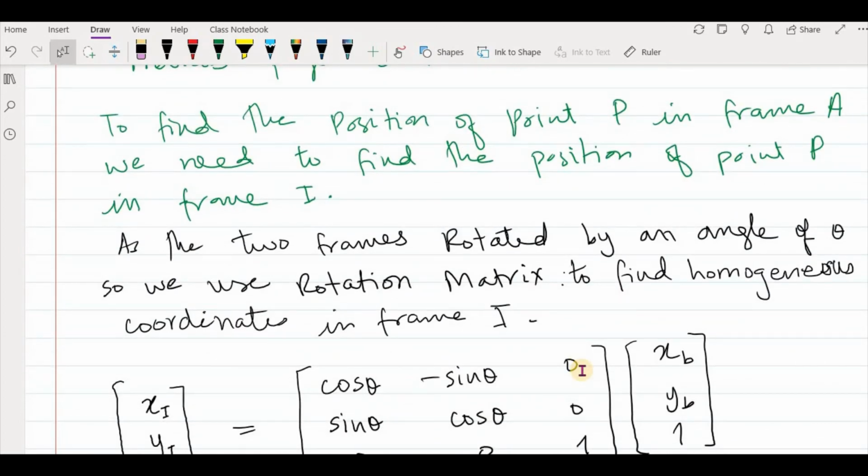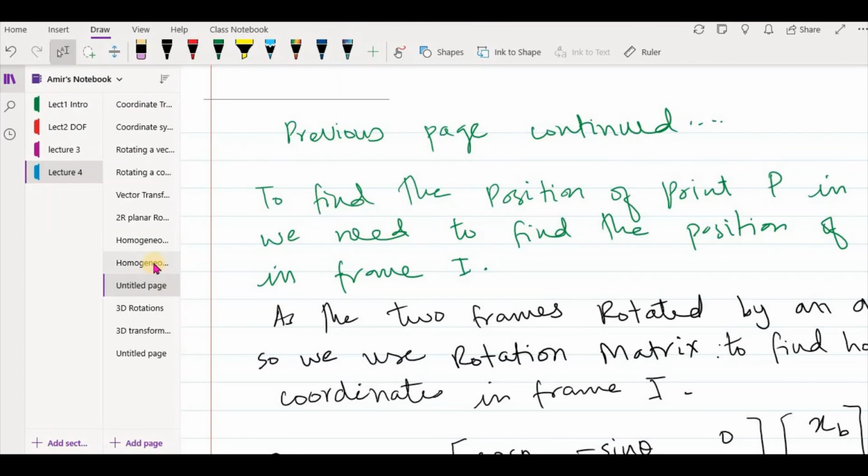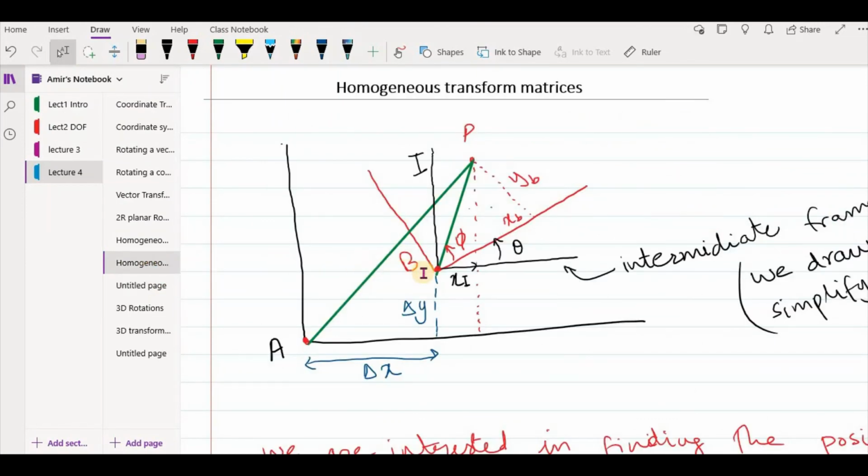We knew the coordinates of point P in your B frame, and we wanted them in frame A. You just multiply with the homogeneous transformation matrix, and you will get the coordinates in your frame A.